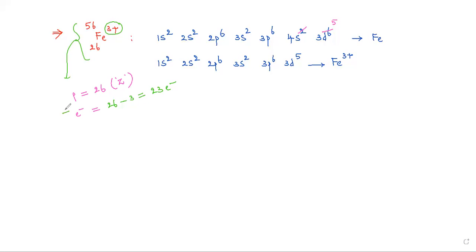So this is very important here. And as usual, the number of neutrons can be written as 56 minus 26. Simple, A minus Z, right? So this is interesting. Only the number of electrons changes when something gets converted into its ion.